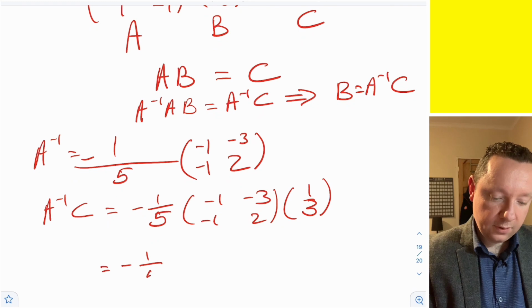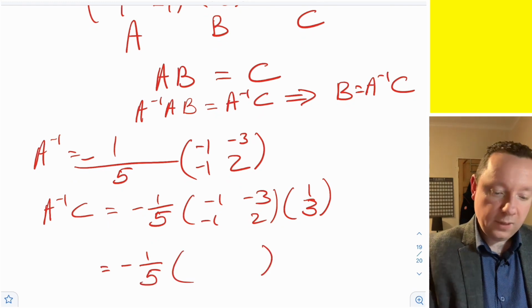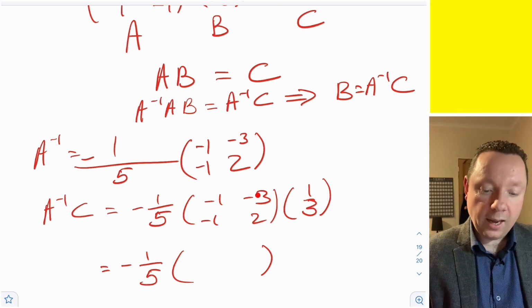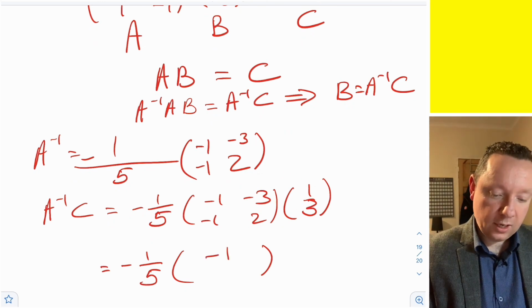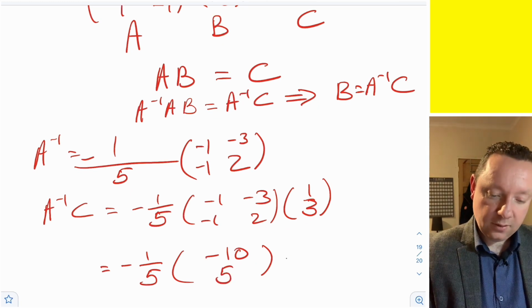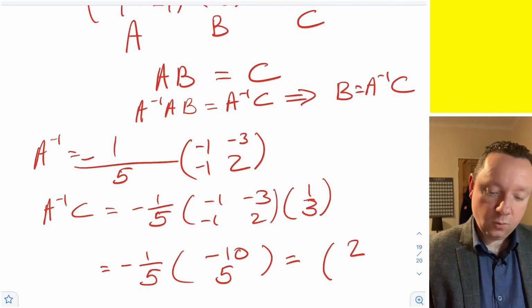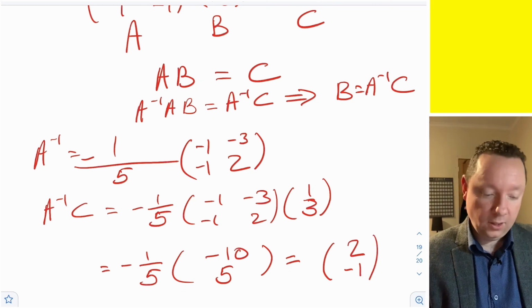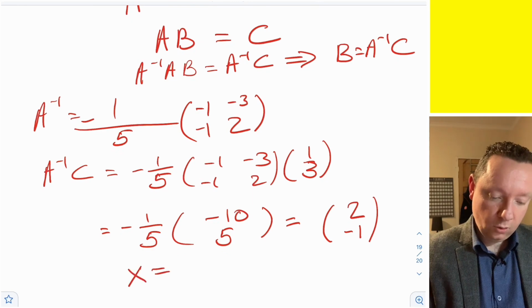That's minus a fifth times, and it reminds us of matrix multiplication, row times column, so it's minus 1, minus 9, that's minus 10 for the first element. Row times column, so that's minus 1 plus 6, which is 5. Dividing through by minus a fifth, we get 2 on the top, 5 divided by 5 is 1, and minus 1 on the bottom, so that tells us x and y. X equals 2, y equals minus 1.